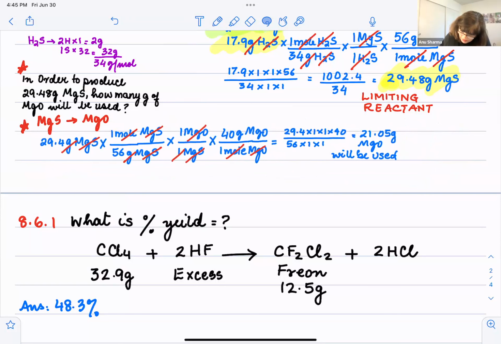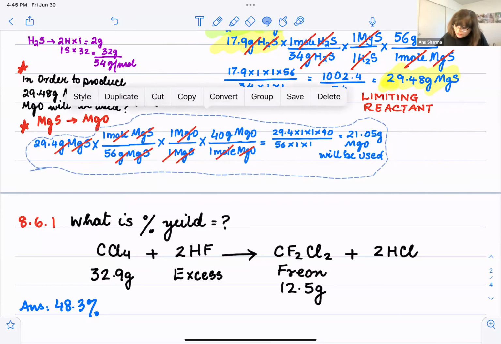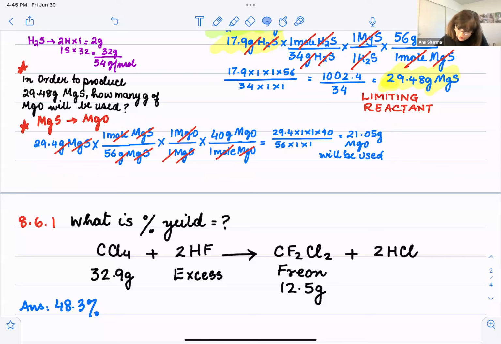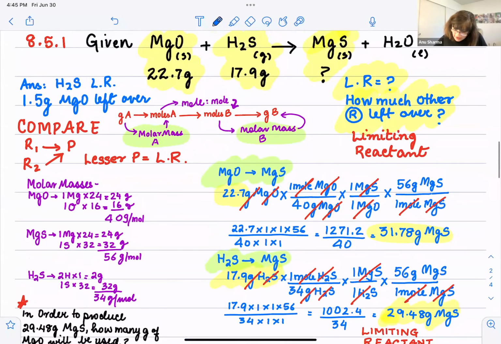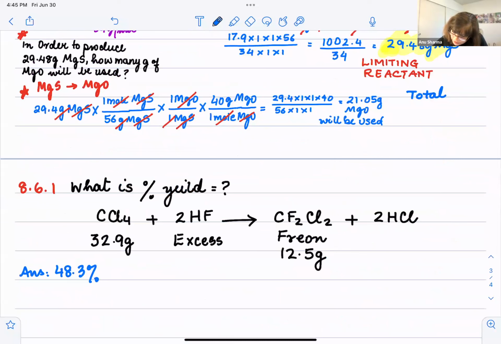So the total was 22.7 grams minus the amount that is going to be used, 21.05 grams.